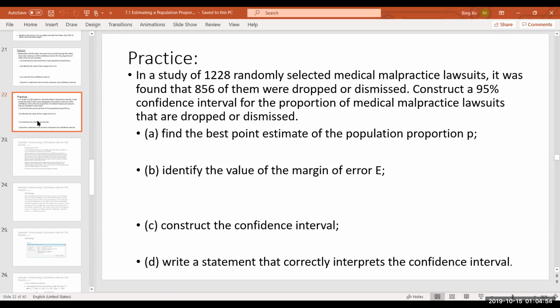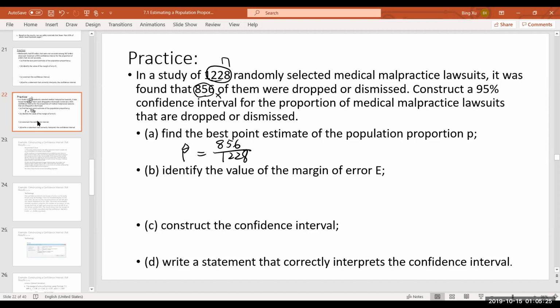First of all, the point estimate is the sample proportion, right? This is your n, and this is your x. So this represents the sample proportion, p hat, which is equal to whatever this is.